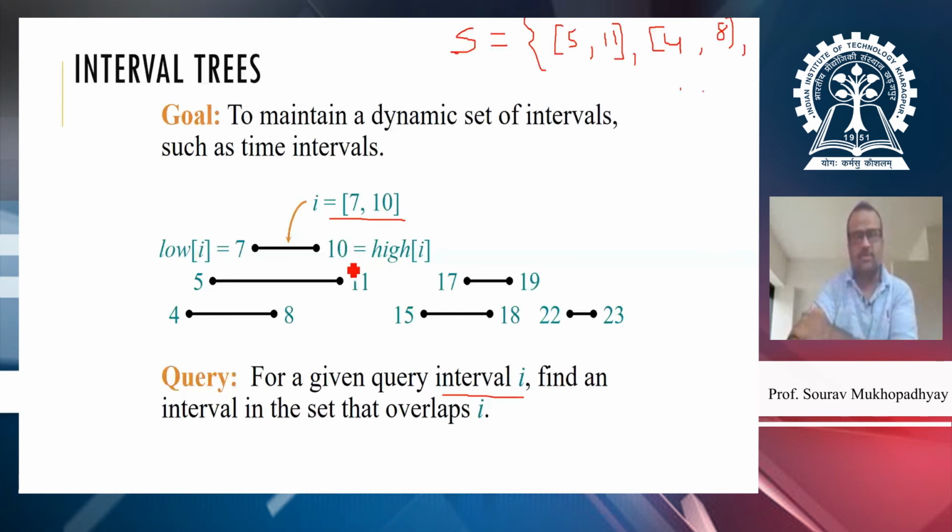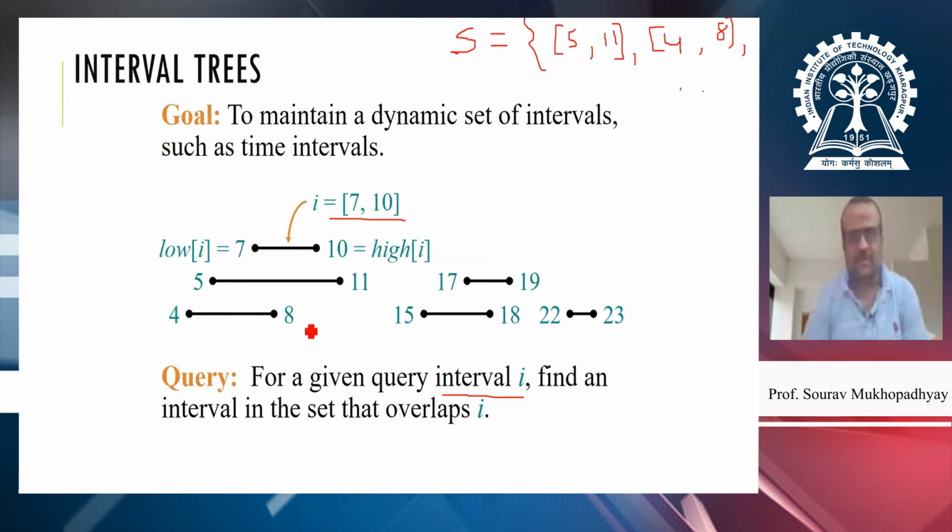We want to get only one interval. Suppose we want to get one interval which is overlapping with this interval. What is the interval overlapping with this? I mean, the intersection is not null. So 5 comma 11, we can return 5 comma 11, or we can return 4 comma 8.